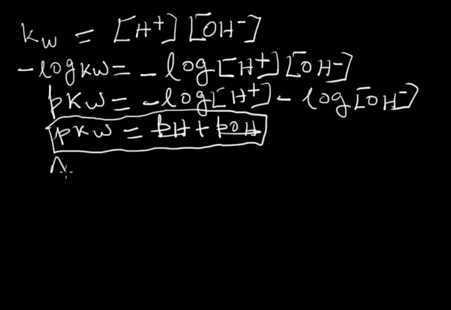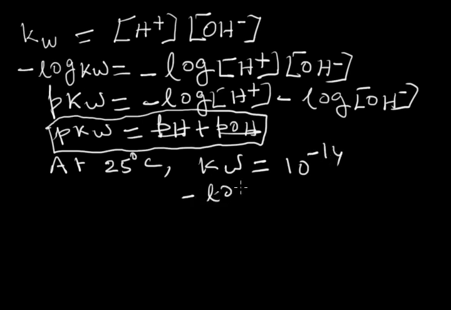Now at 25 degrees Celsius temperature, Kw of water is 10 to the power minus 14. That means minus log of Kw equal to minus log of 10 to the power minus 14.